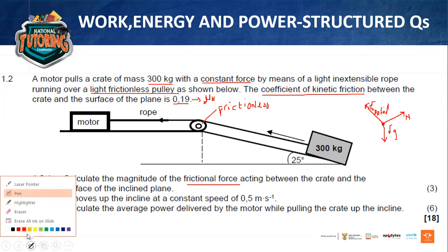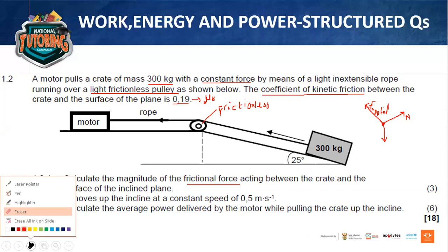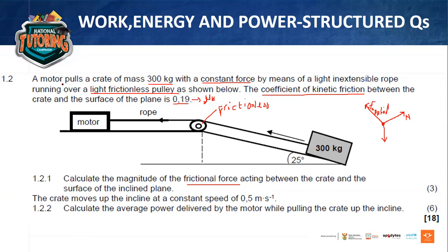Now, my object, remember, it is being pulled. It means it is going up the incline altogether. Then, obviously, as it goes up the incline, my dear learners, it means I have the frictional force going down the incline.